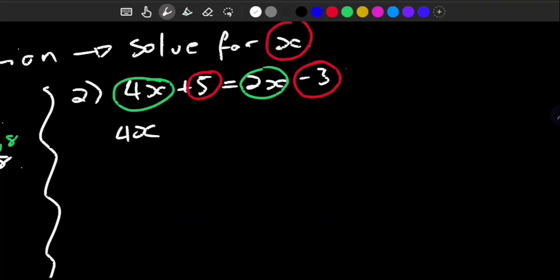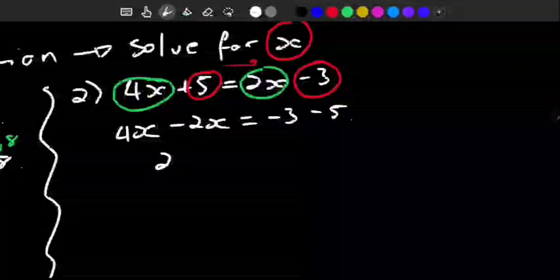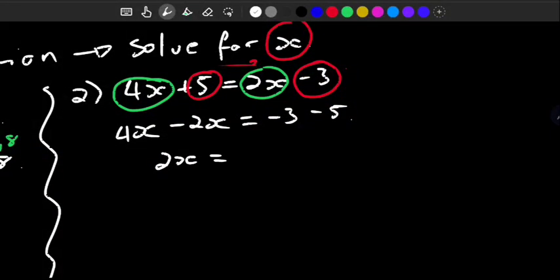We need 2x to go to the other side. 2x is positive now, so when it goes over the equal sign, it becomes negative 2x equals to negative 3, x just as is, because it's already on the right hand side. 5 is positive, see the plus sign there, goes to the other side of the equal sign, it then changes to negative 5. Then we have 2x is equal to negative 3 minus 5 is negative 8.